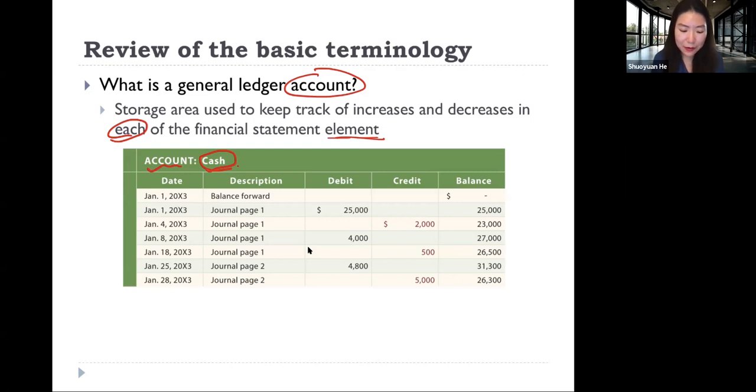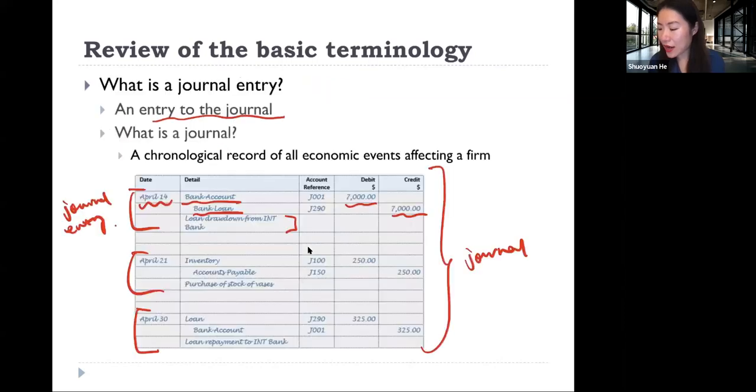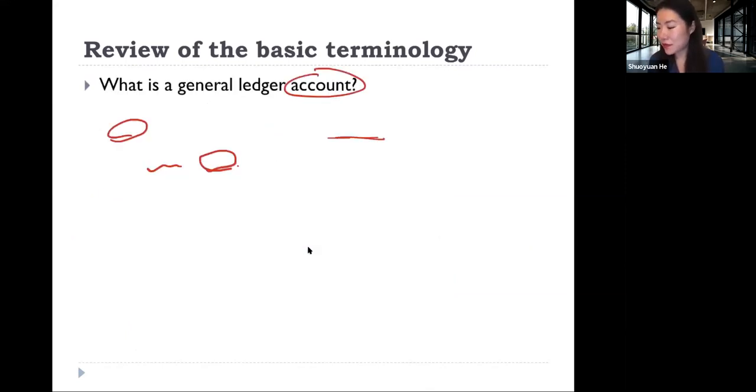As you can see here, a journal entry can touch upon several different accounts. For example, this journal entry has debit inventory, credit accounts payable. So those are two different accounts.